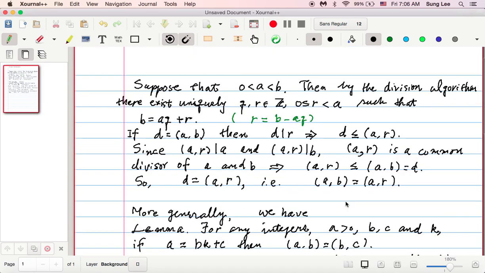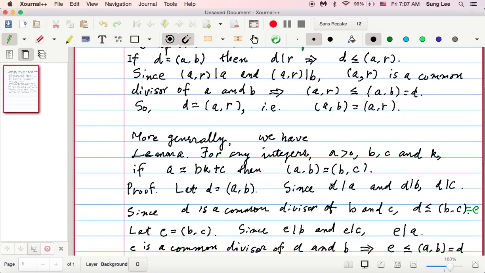Because this is what we are going to use, the previous statement. Basically, what we are going to use is the division algorithm, actually repeated application of the division algorithm, to find the greatest common divisor of two integers. So we don't actually need that, but that's a nice generalization.